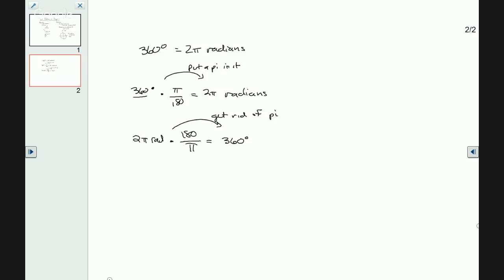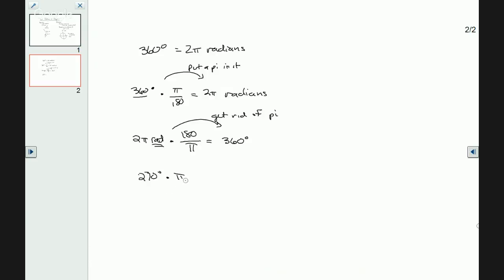Okay. Bummer. RAD. Radians. Yep. So if you're writing it out, that's what you need to write. Good question. Okay, what about 270 degrees? What is that in radians? Times what?